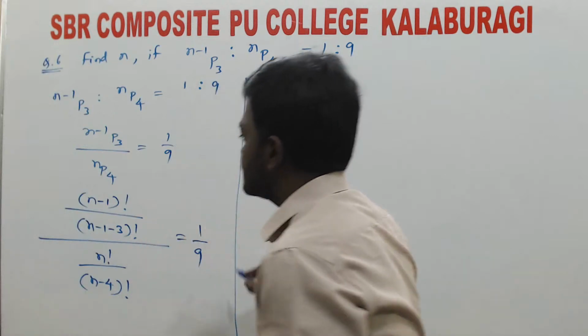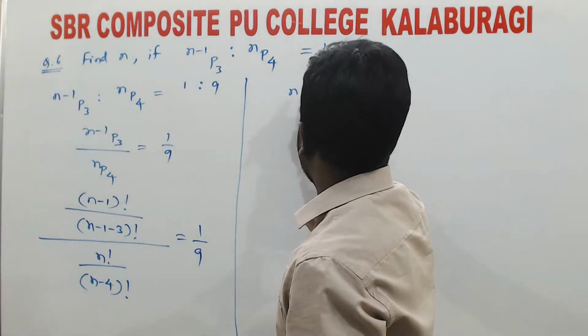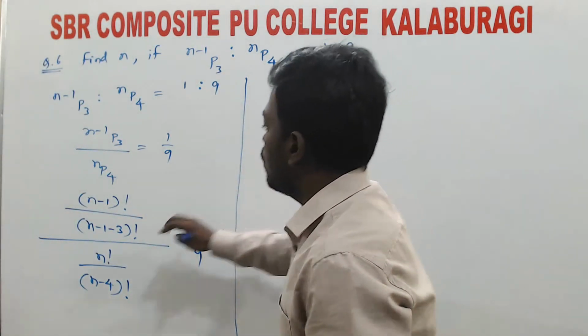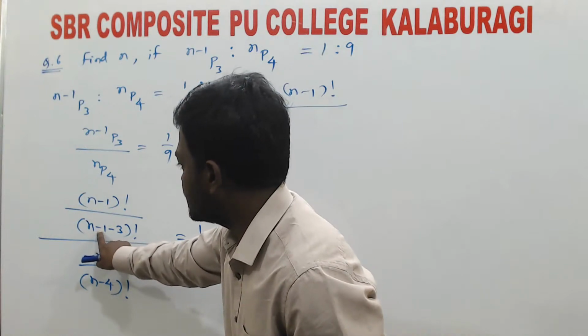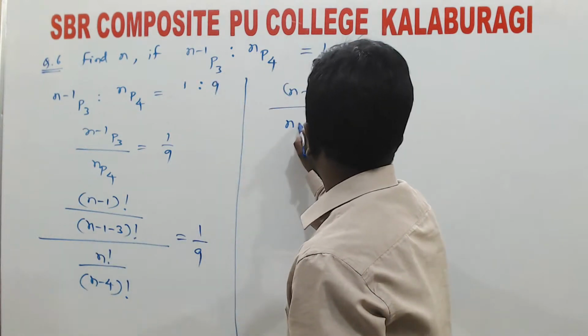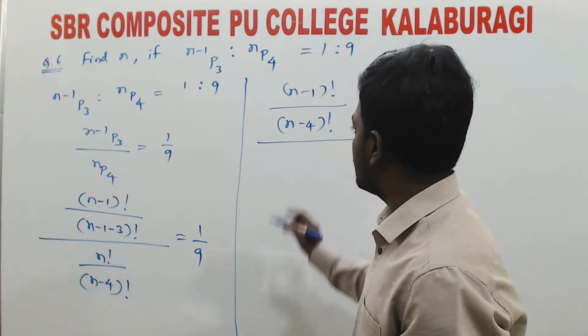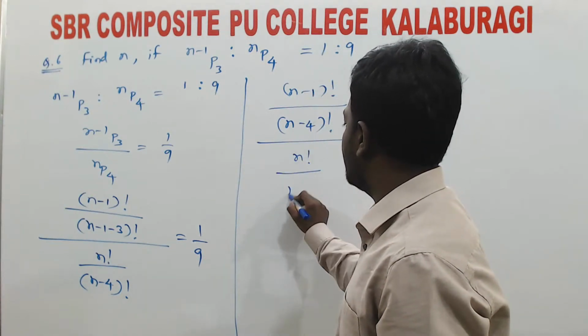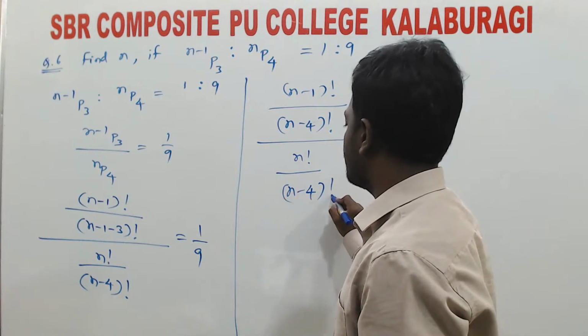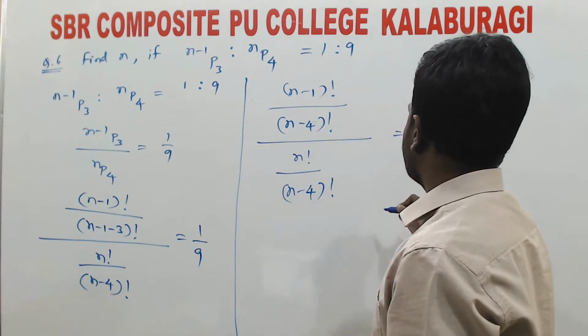So let me keep on simplifying. I'll get (n minus 1) factorial divided by (n minus 4) factorial, since n minus 1 minus 3 is n minus 4, divided by n factorial over (n minus 4) factorial, which is equal to 1 by 9.